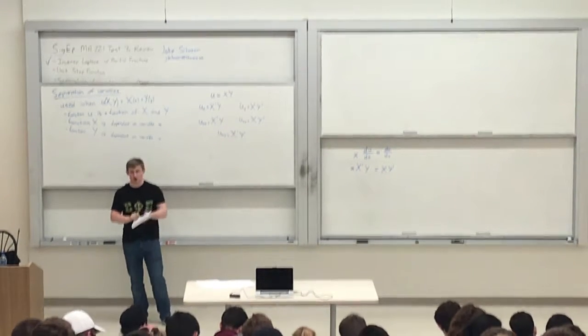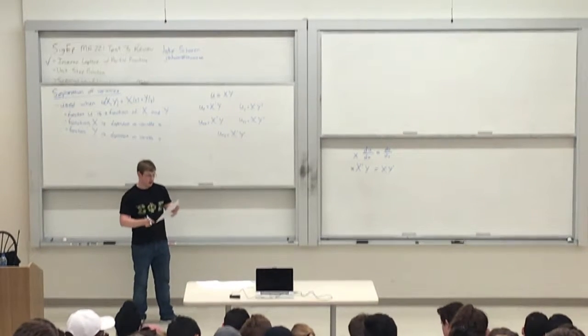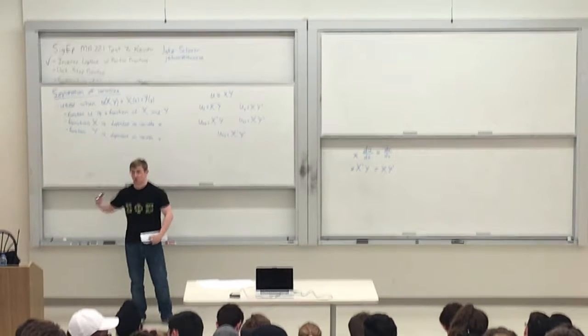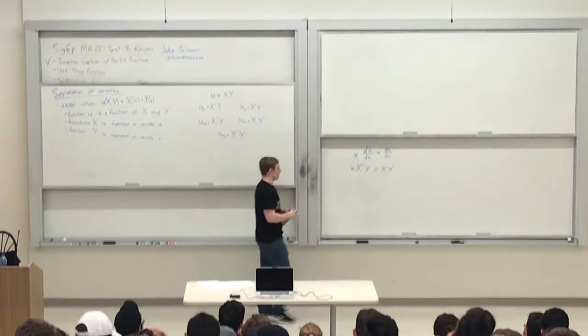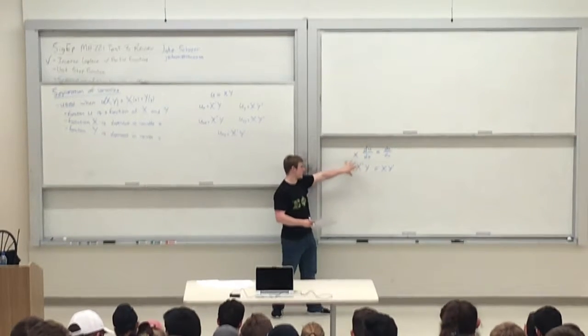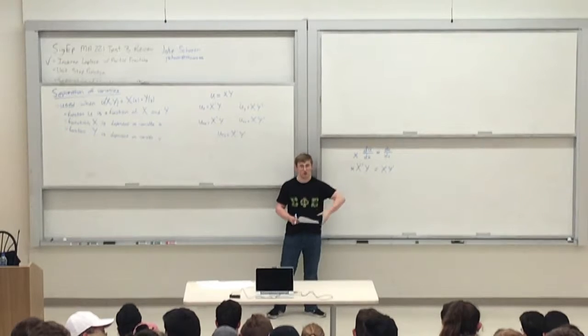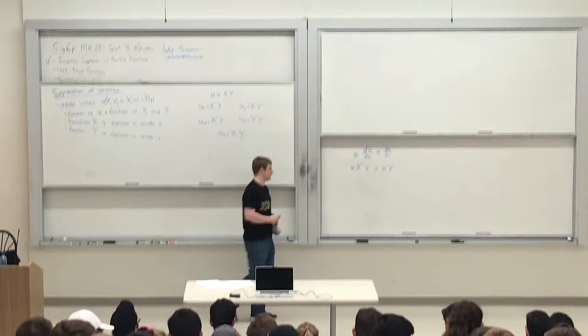The next step that I have written out is you want to get the term with the X prime by itself. So we want to have everything that's dependent upon x on one side, everything dependent upon y on the other side. Hence the separation of variables.